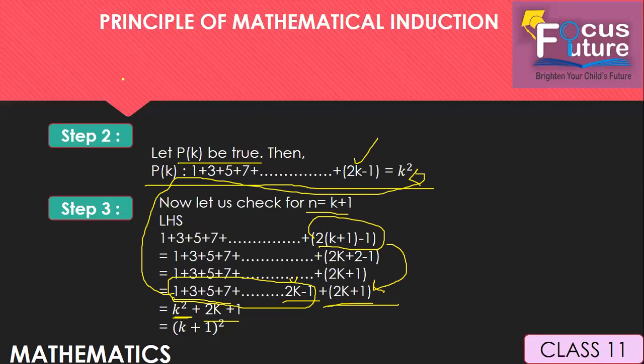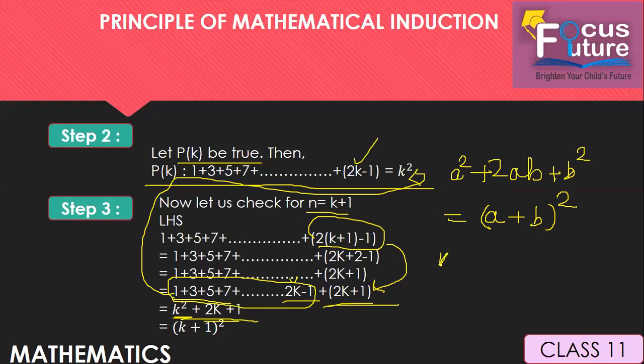Now, you know that a square plus 2ab plus b square is equal to a plus b whole square. So here your polynomial is k square plus 2 into k into 1 plus 1 square.